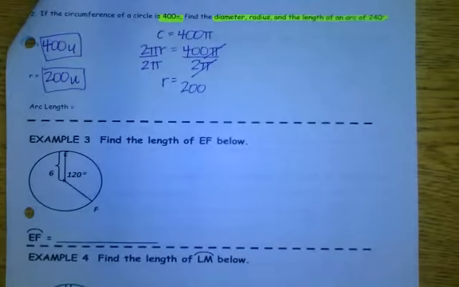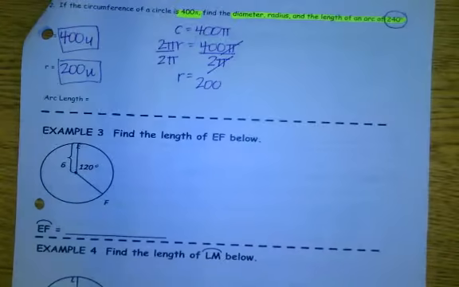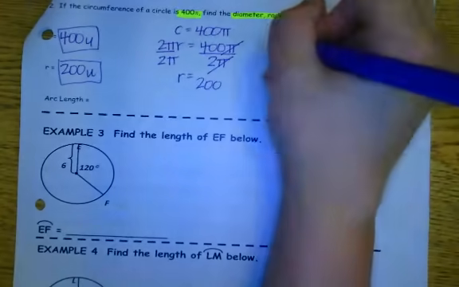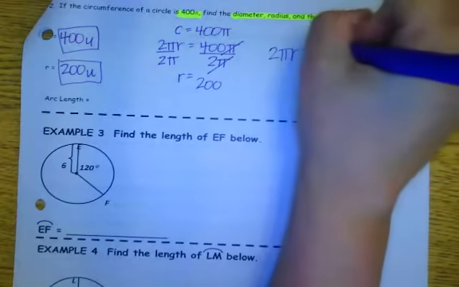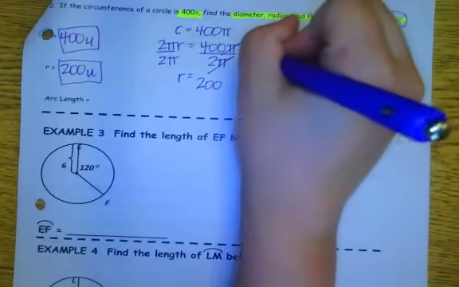Okay, so how do we find arc length? You know the measure of your arc is 240 degrees, so how do you find arc length? It's 2 pi times 200 times, what's the arc, times 240 over 360.